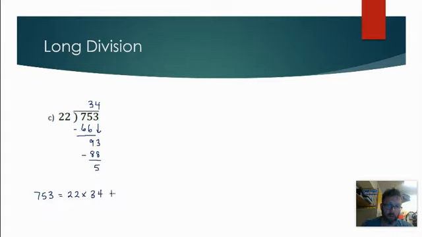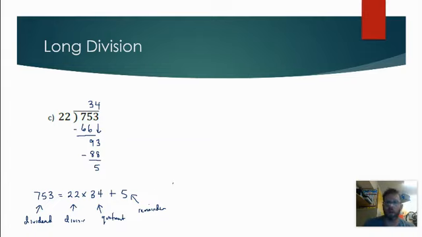You've got this remainder of 5 plus 5, right? You've got our dividend. 22 was our divisor. 34 was our quotient. But in this case, because the division didn't work out perfectly, we have a remainder that was not 0. In this case, the remainder was 5.